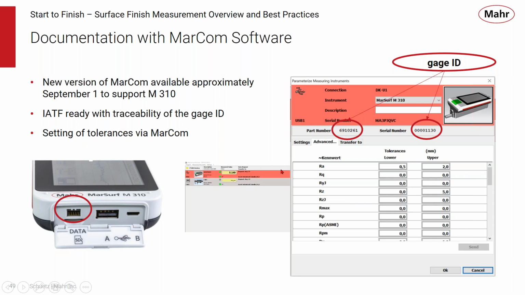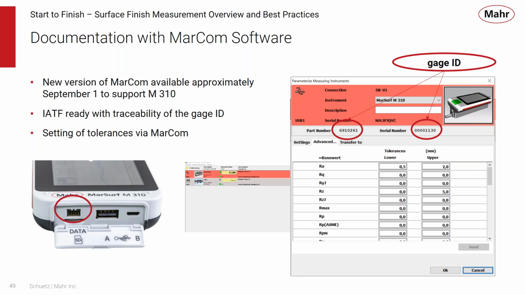Another important feature is that one of the big things that's been missing with data collection is, we have the ability to collect the data, timestamp it, maybe know who the operator was. But one of the missing pieces of information was what gauge made the measurement.